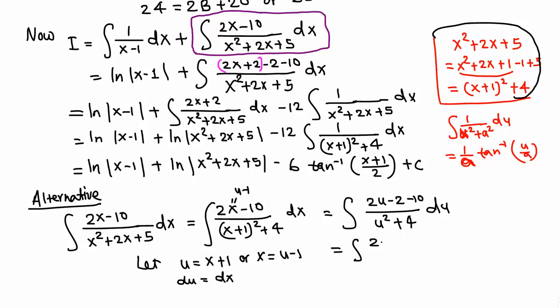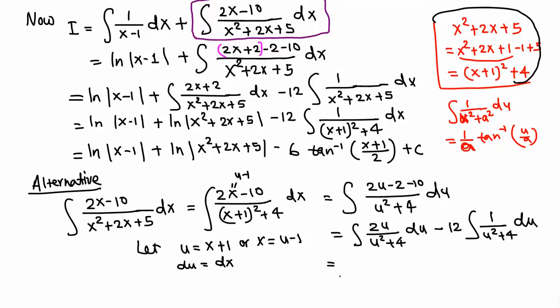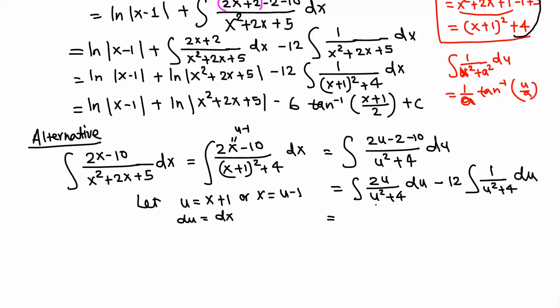So this is 2u over u squared plus 4 du, and this is negative 12 over this. So let me write negative 12 outside. So 1 over u squared plus 4 du. Now we can integrate. The top is derivative of bottom.